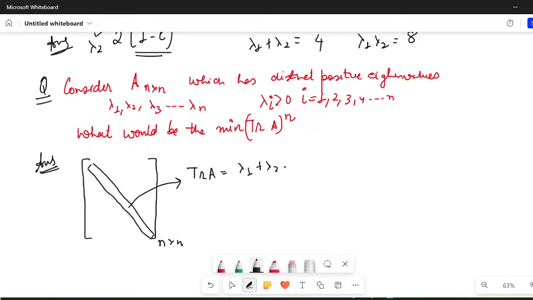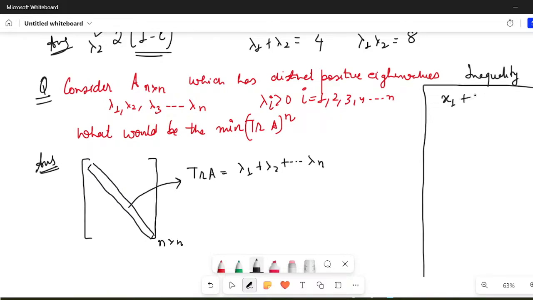So I can write lambda 1 plus lambda 2 up to lambda n. Okay, now just think about two things that I'm referring to here, and this is an important inequality in mathematics. Just think about this: x1 and x2, if there are two positive numbers, it is always greater than or equal to root over x1 into x2.